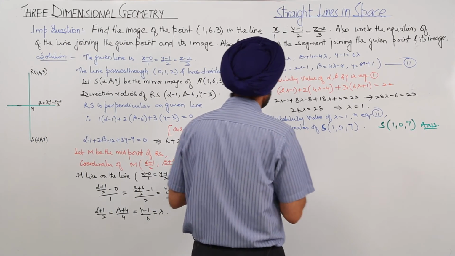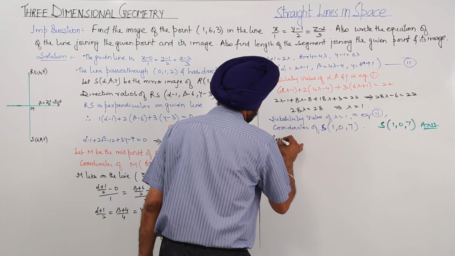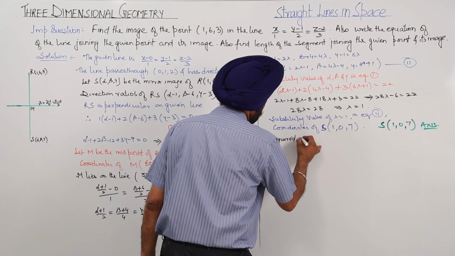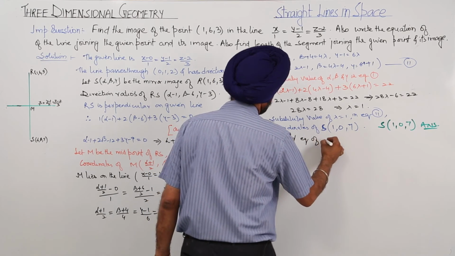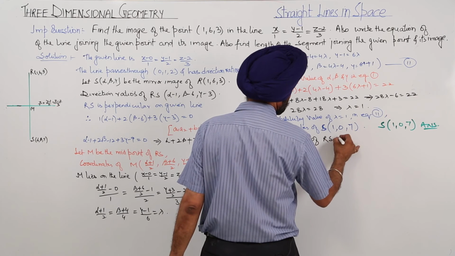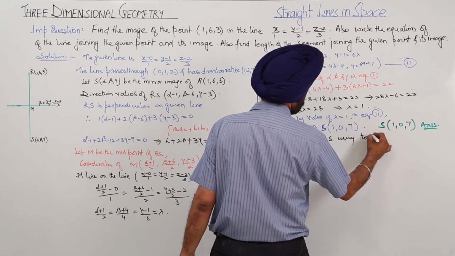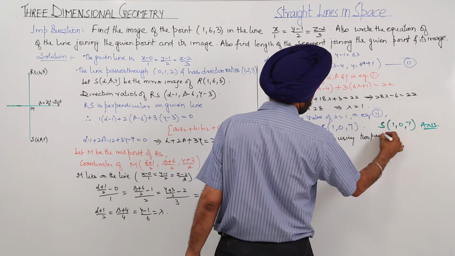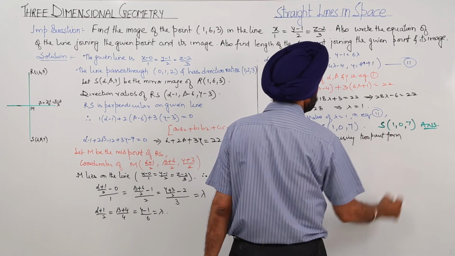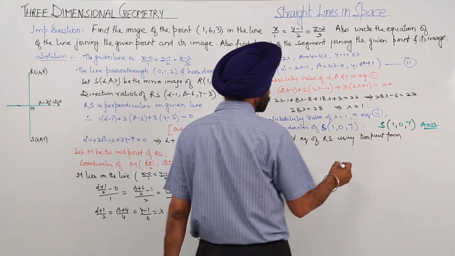Now the required equation of RS using the two-point form. The coordinates of S and the coordinates of R are (1, 6, 3).